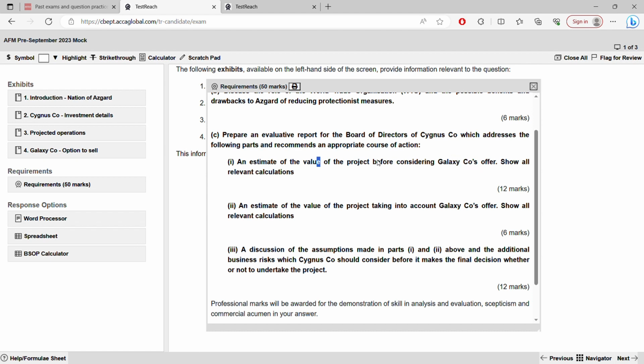That means before the option to sell, you have to value the project. In short, they are telling you to calculate net present value. Directly they are not saying, but indirectly, net present value. B is also the same, but here you also have to estimate the value of the project after taking the offer. That means you have to add the value of the real option to net present value. And the third one, I'm sure the first 2 you can do.